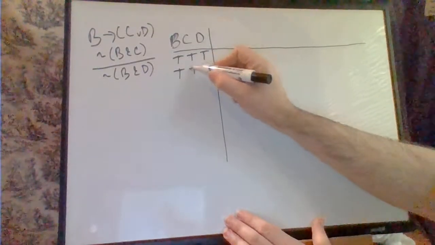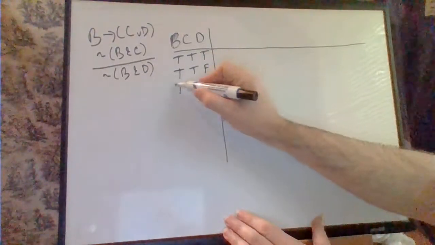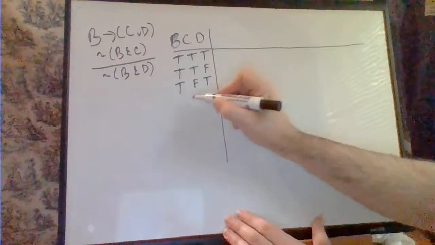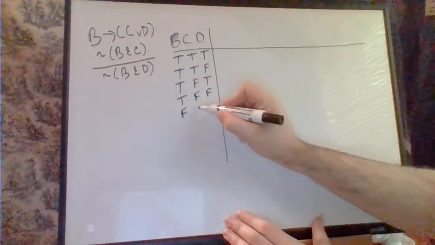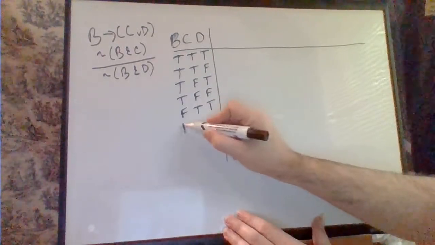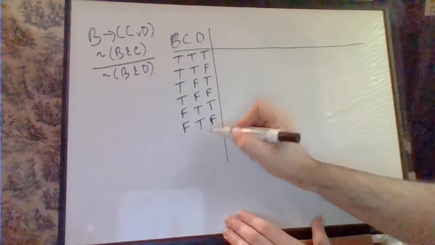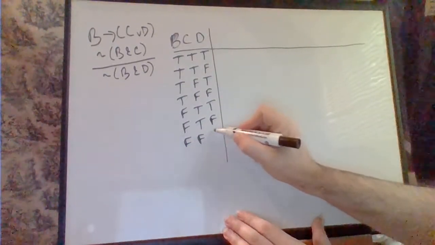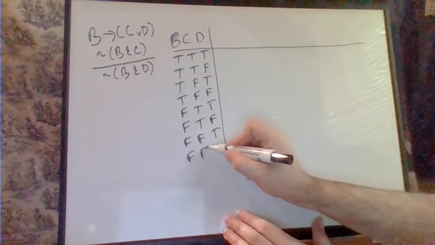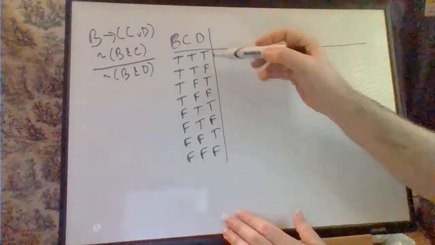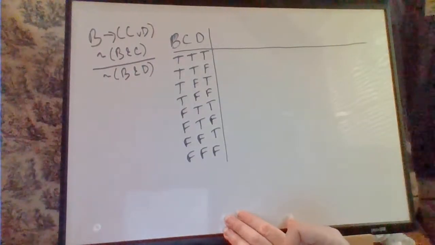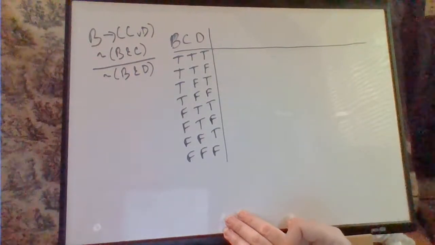You could have true, true, false. You could have true, false, true. You could have true, false, false. You could have false, true, true. You can have false, true, false. You can have false, false, true. Or you can have false, false, false. So those are all of the possibilities that you can derive from those 3 letters.